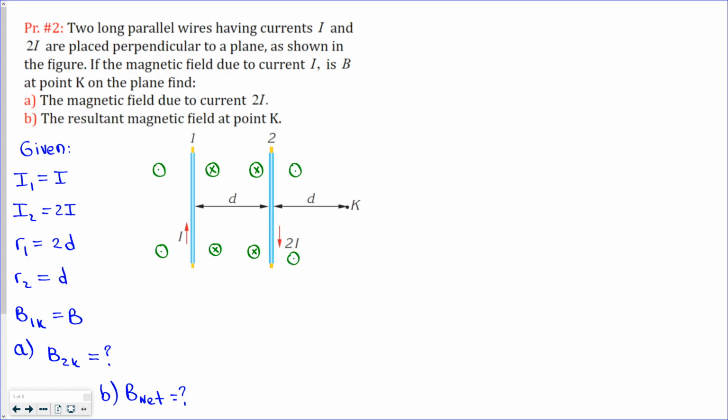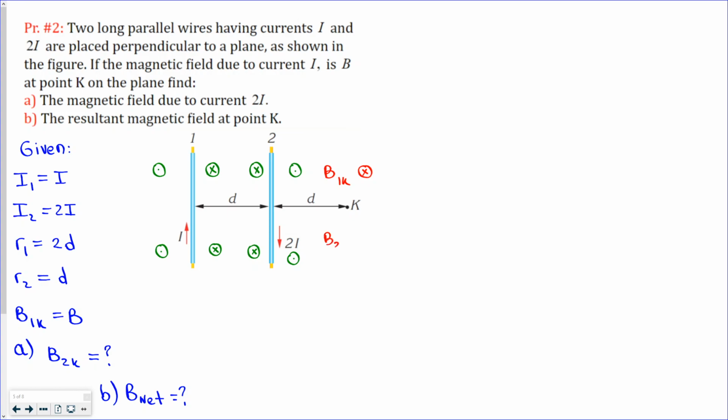So using this field representation, let's try to find the magnetic field of the first wire at point K, B1K, and the direction will be this at this point from the right hand rule.